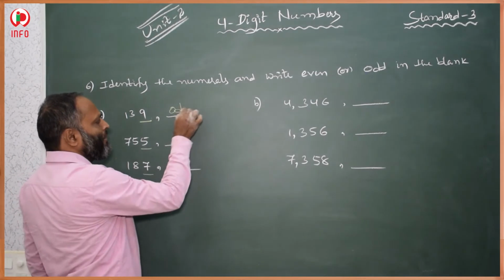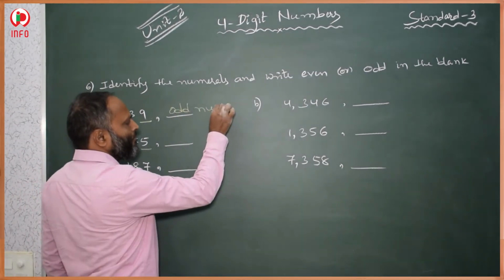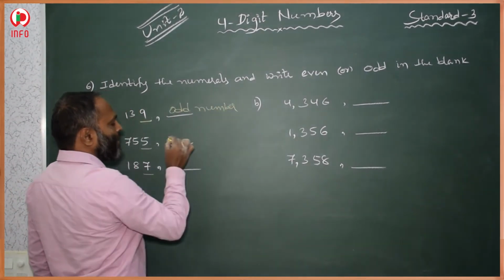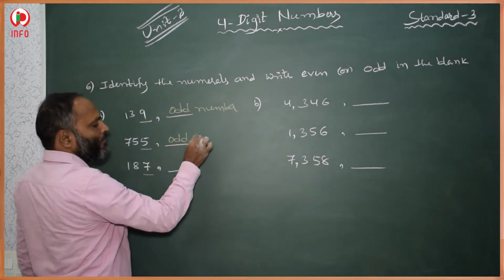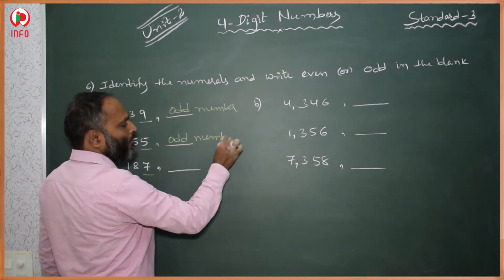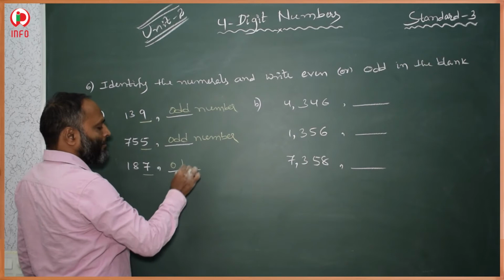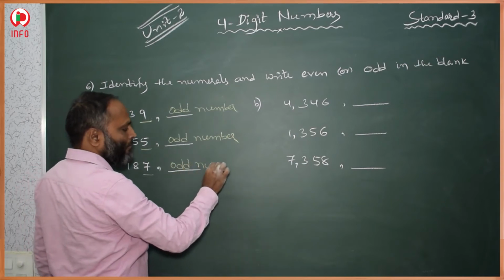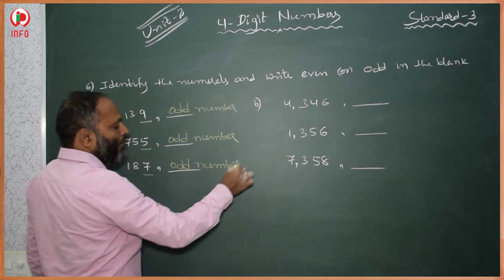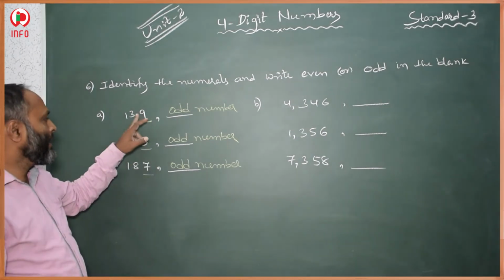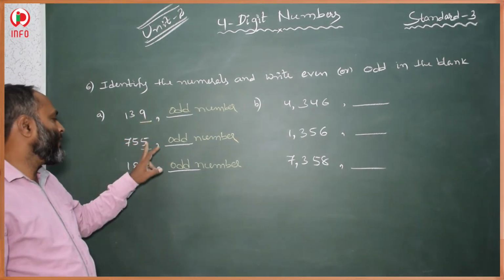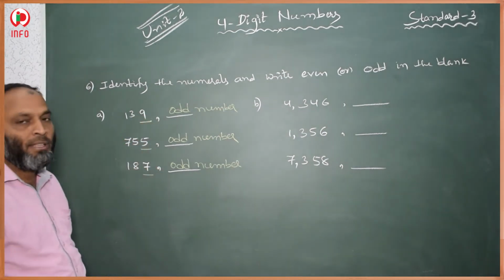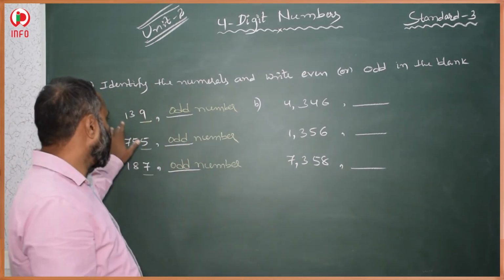Why are these odd numbers? Because in the ones place 9 is there, and 5 and 7.